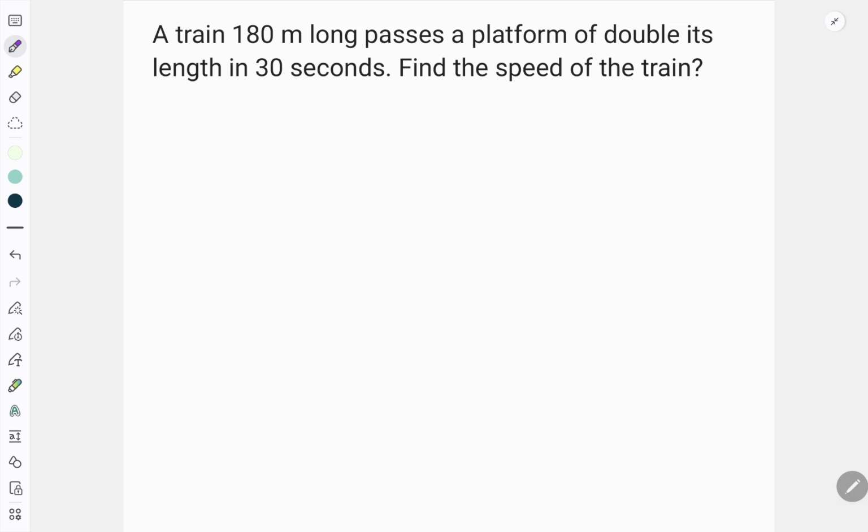A train 180 meter long passes a platform of double its length in 30 seconds. Find the speed of the train. First given data is a train of 180 meter long. So train length equal to 180 meter passes a platform of double its length. So platform length is double the train length.